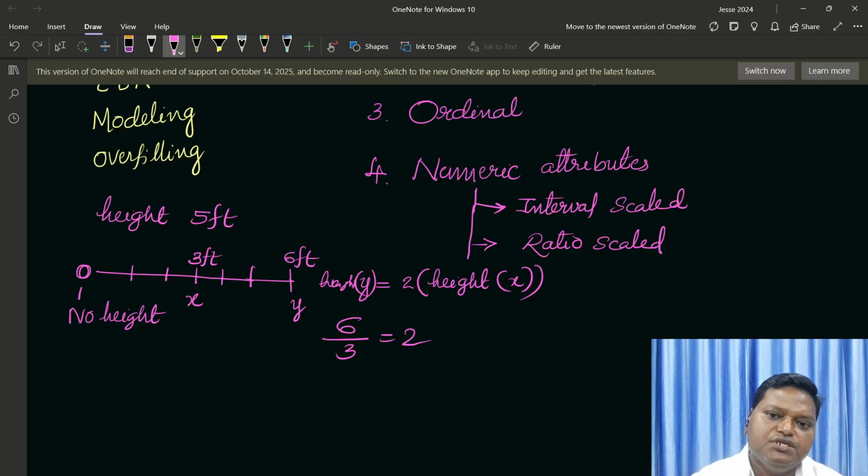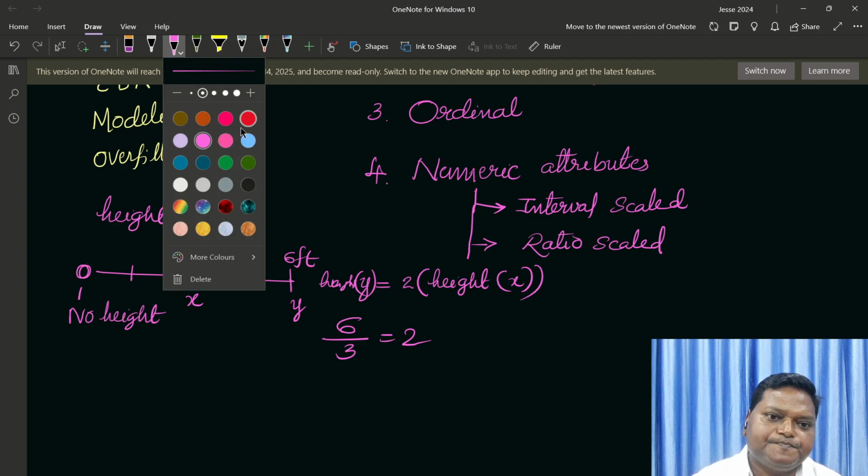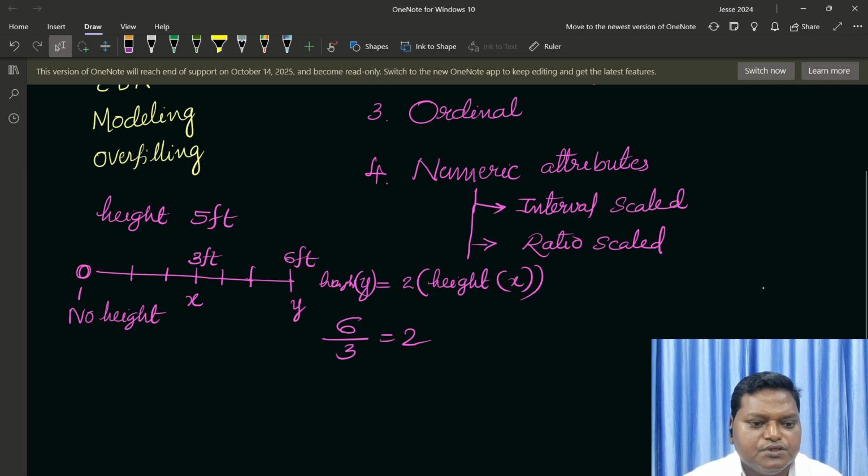But suppose you have temperature in the centigrade scale: this is 0, this is 5, this is 10. I know the difference from 0 to 5 is 5.